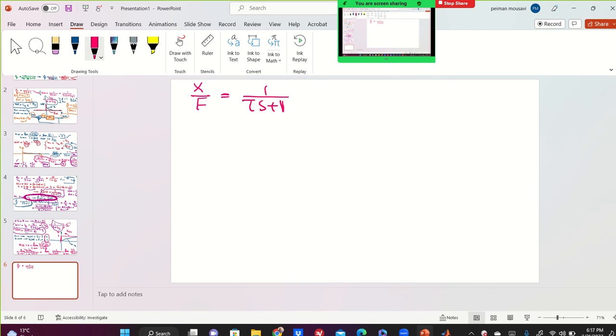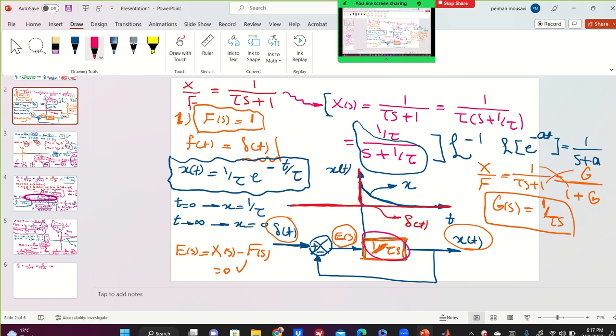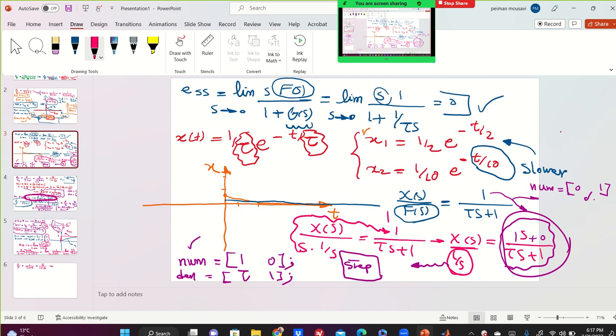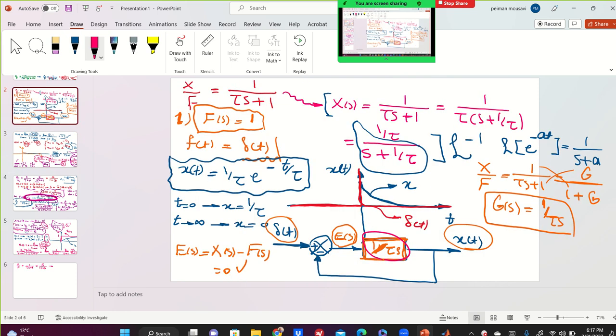I'm not changing this, so the closed loop transfer function, as we got here, is 1 over tau s. For the impulse, we change this, but for the step, we don't change it. It's 1 over tau s.